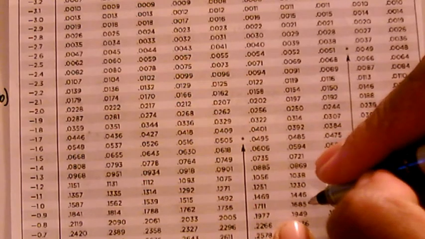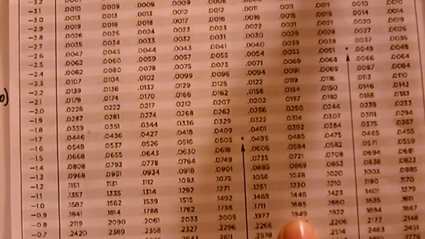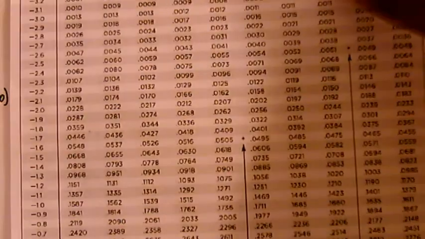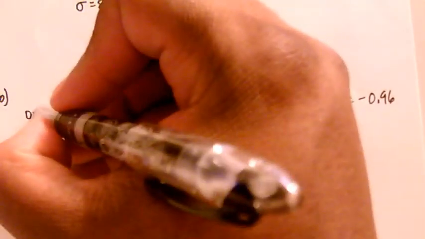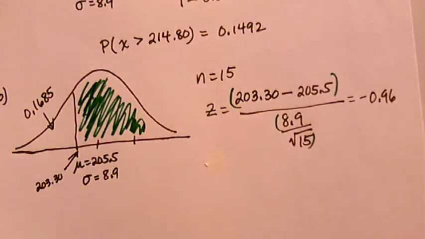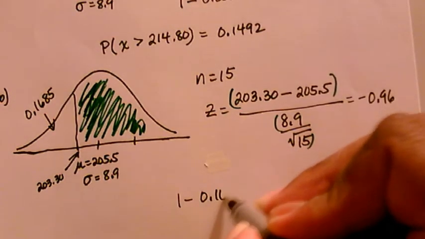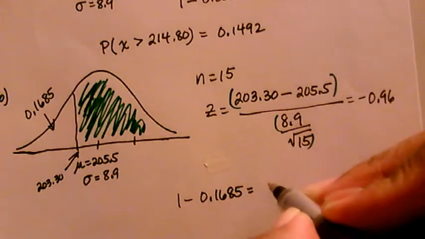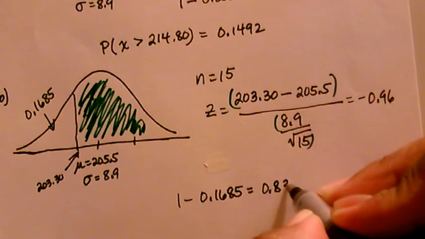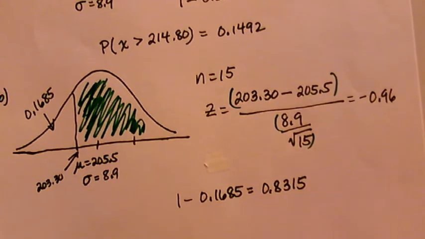I'm sorry. No, 0.1685. Here we go. Yeah, 0.1685. But that's this area to the left, 0.1685. We want the area to the right. So we got to do 1 minus 0.1685, which would give us 0.8315.